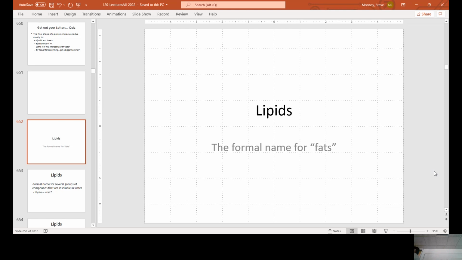Last set of compounds we're going to look at is lipids. Formal name for a group of compounds that we commonly call fats.